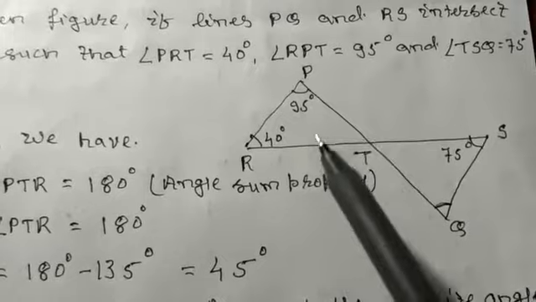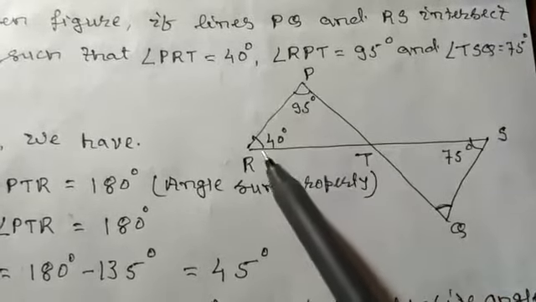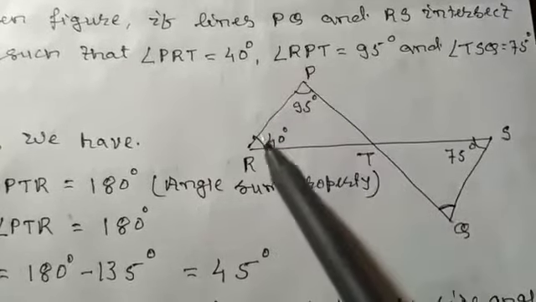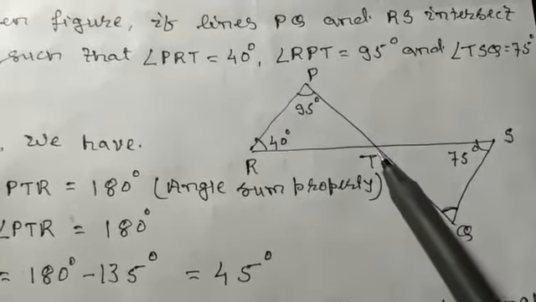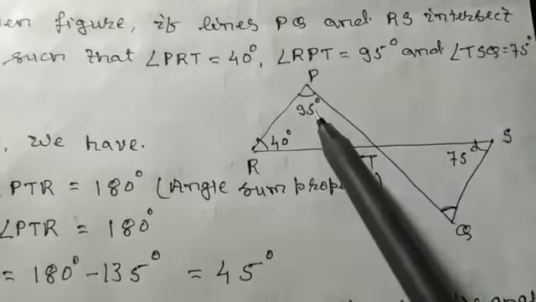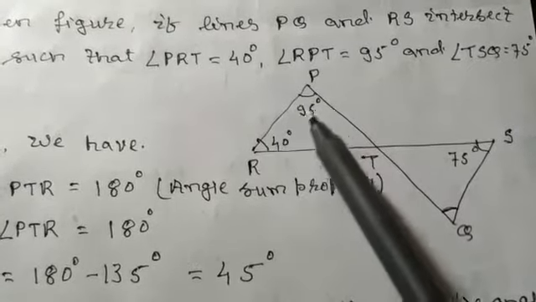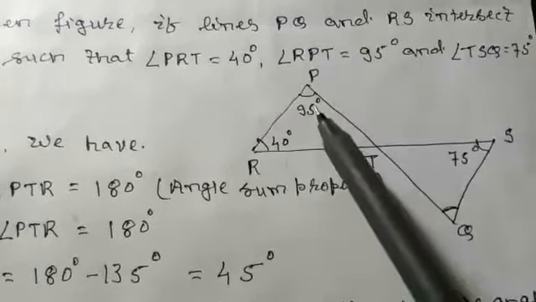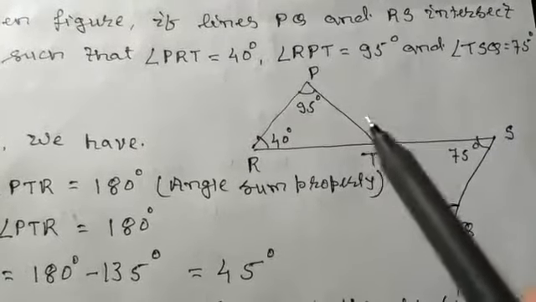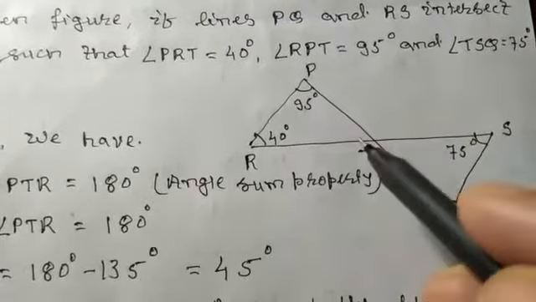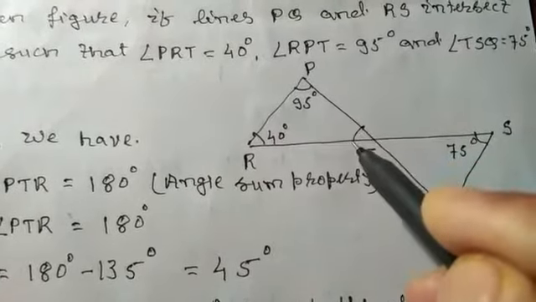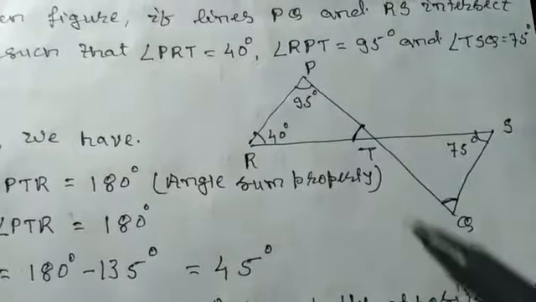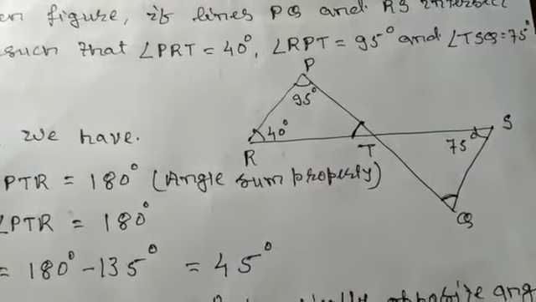So students, first we come to the triangle PRT. As you can see, PRT is a triangle in which two angles are known. So by applying the angle sum property, first we will find angle PTR.